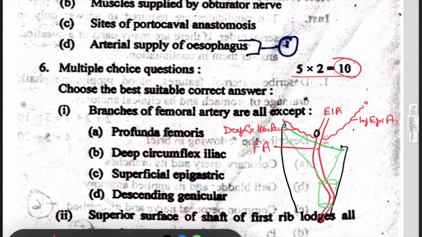Now, there's a branch from the inferior epigastric artery that will reach into this deep inguinal ring, run along the spermatic cord, and reach into the scrotum. Can you guess which artery this is? Branch of inferior epigastric artery, running within the spermatic cord. This is the artery to cremaster.